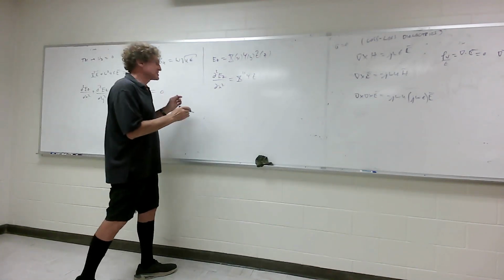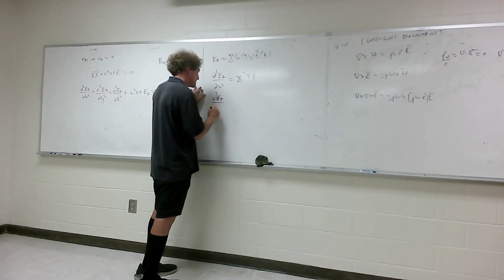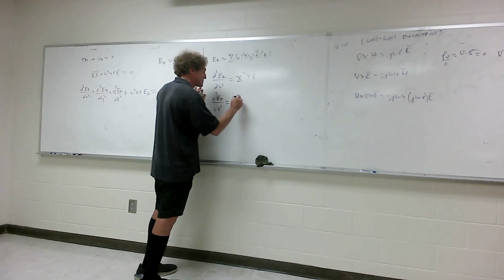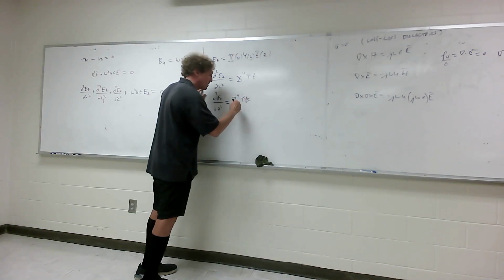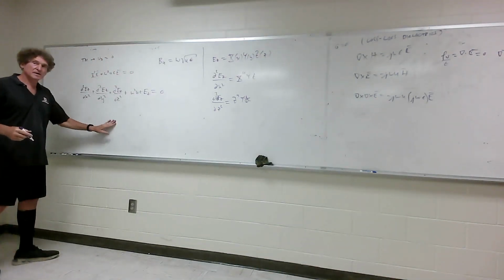And if you wanted the second derivative of EZ with respect to z squared, that would just be Z double prime times X Y. Y'all follow me?